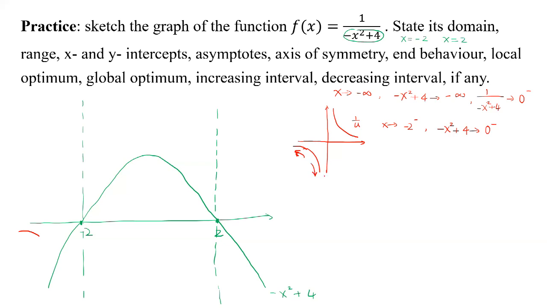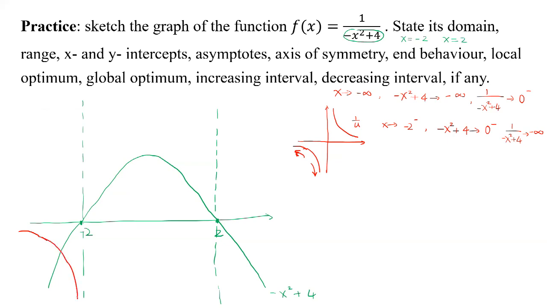And when it approaches 0 from the negative side, the reciprocal of the function approaches -∞. So when x approaches -2, f(x) should have a pattern like this.